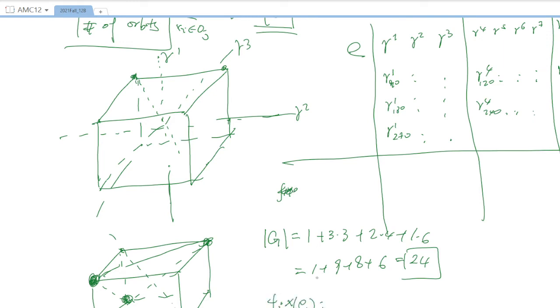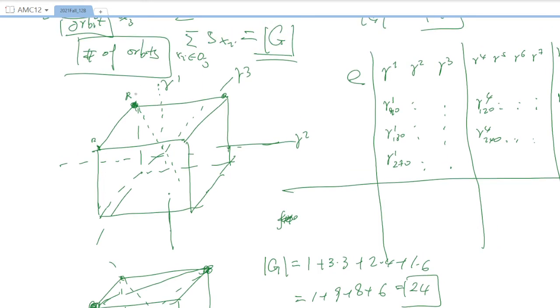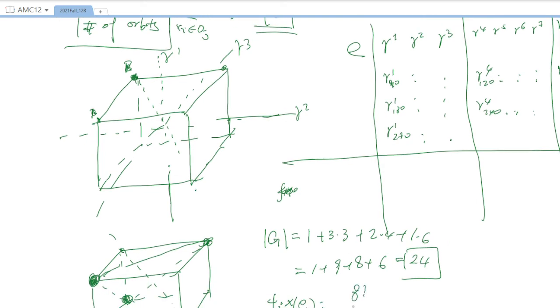Fix of E. You guys can think, because if I didn't move, I can put, for example, red here or red here. I'm sorry, blue or white. Blue here, blue here, or blue here. Basically, we have 8 factorial operations. That's all the permutations.